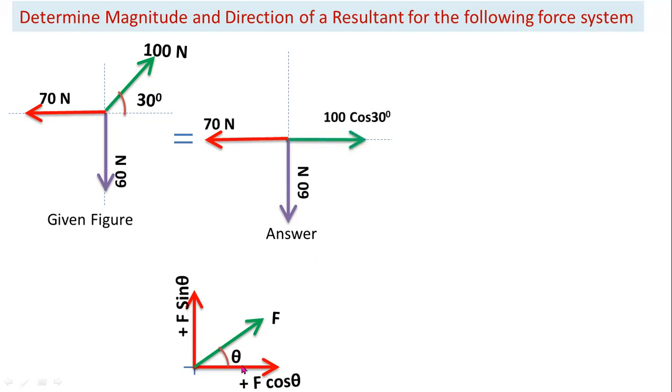This is the x component, so I am drawing this F cos theta like this. Now you have to draw this vertical force like this. Now you can observe I converted these three forces into horizontal and vertical forces.